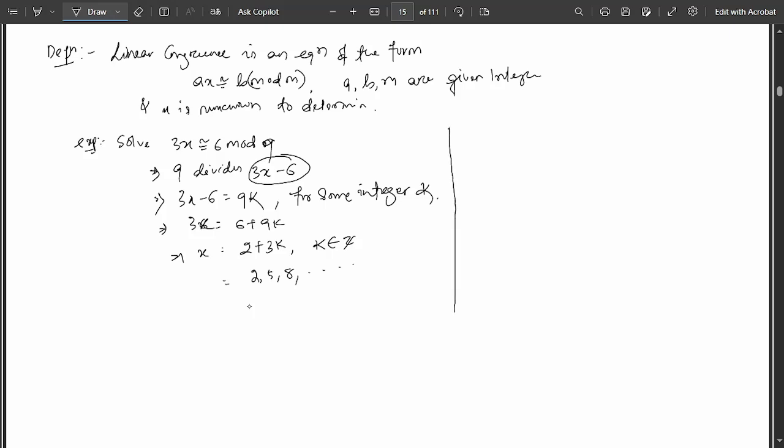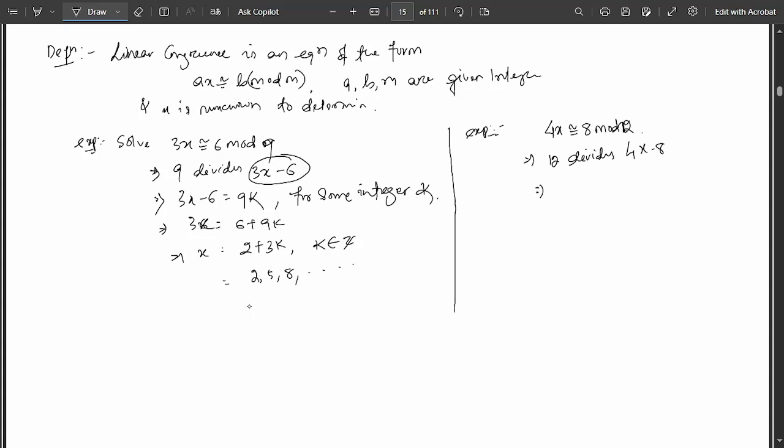Now I have another question. Suppose I am given 4x congruent to 8 modulo 12. This implies that 12 divides 4x minus 8.